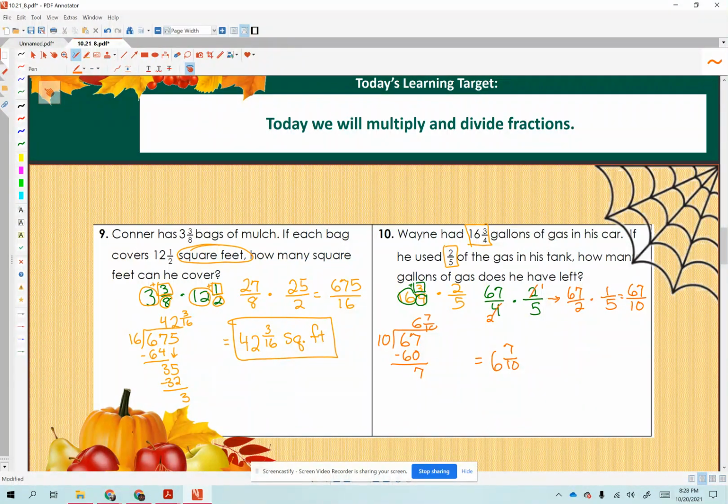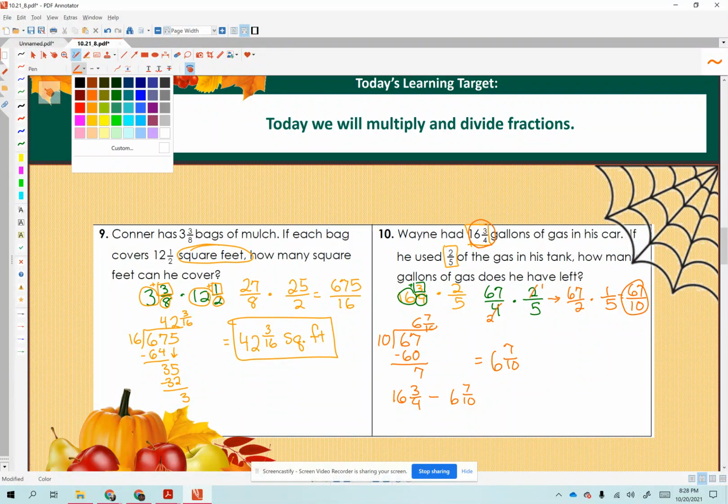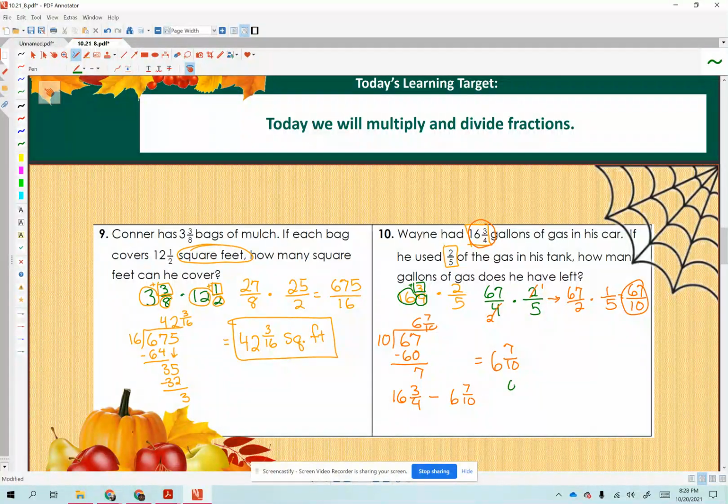gallons of gas, or 67/10 of gas, but he started out with 16 3/4. So we need to take one more step and subtract 6 7/10 from 16 3/4. So we know from the work we already did that 16 3/4 is 67/4. So let's change the color. And we know that 6 7/10 is 67/10.